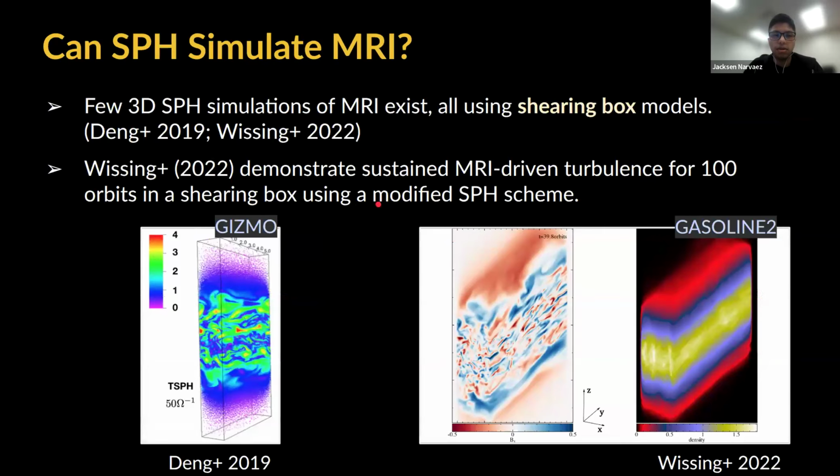Well, to date, there have been just a few three-dimensional SPH simulations, but all of them use shearing box approximations. In particular, we've seen in 2022 sustained MRI turbulence for at least 100 orbits using a shearing box approximation and with a modified SPH scheme. So our goal is to move from local simulations to the global disk and study the suitability of SPH to simulate MRI.